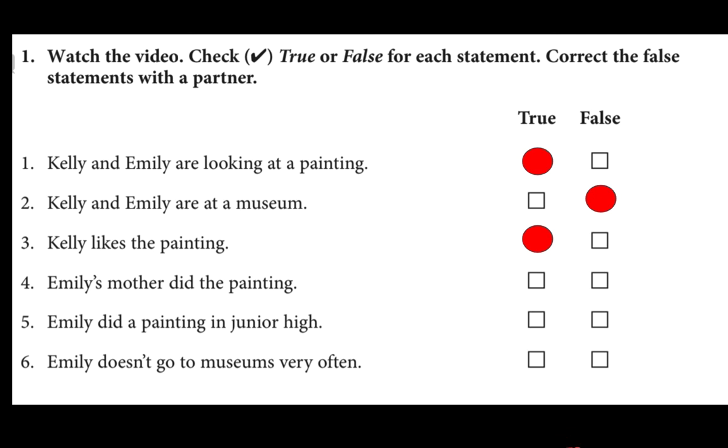4. Emily's mother did the painting. True or false? So this is false. The painting was done by Emily's grandmother. Emily's grandmother. 5. Emily did a painting in junior high. True or false?